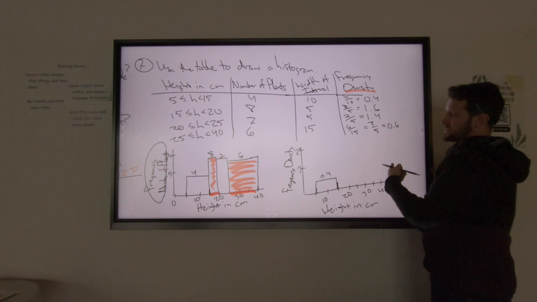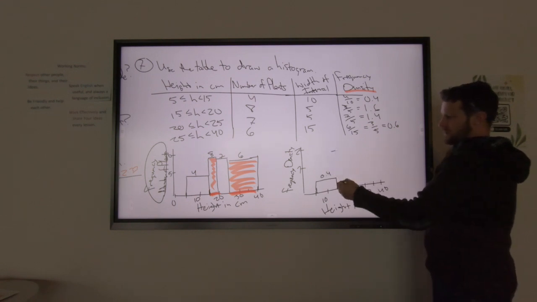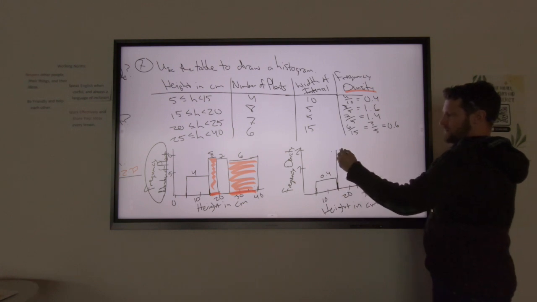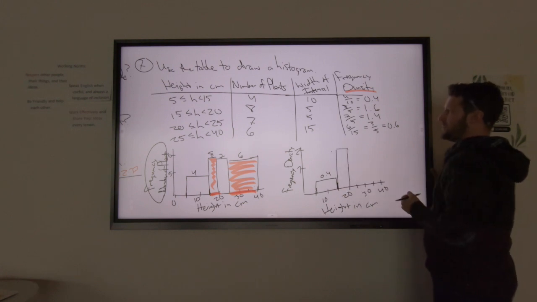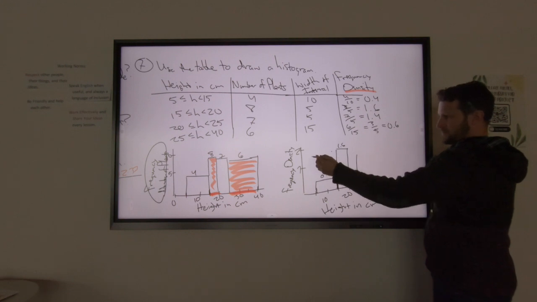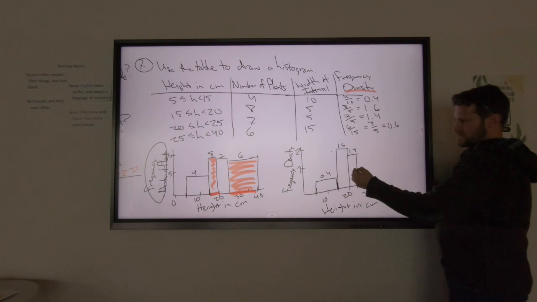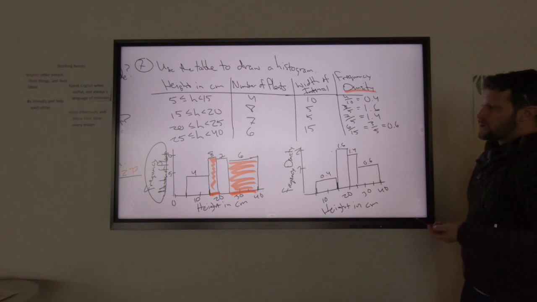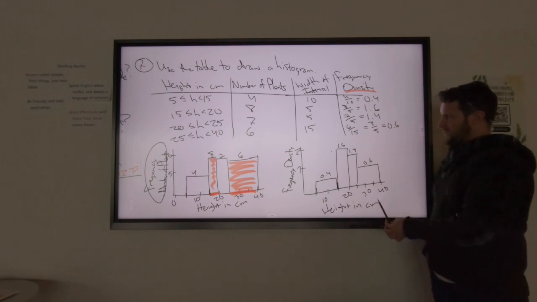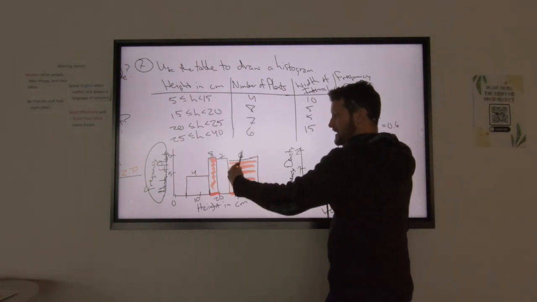Then 1.6 from 15 to 20, so 1.6 is like up here, 15 to 20, and 1.4 after that, sure, 1.4, and then 0.6, so it's going to be 0.6. Cool. This picture is a better display of this data than this picture.